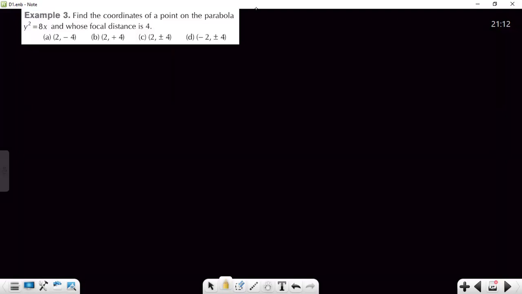And next question: find the coordinates of a point on the parabola y square equals 8x where the focal distance is 4. So we know y square equals 4ax, and a is 2 here.